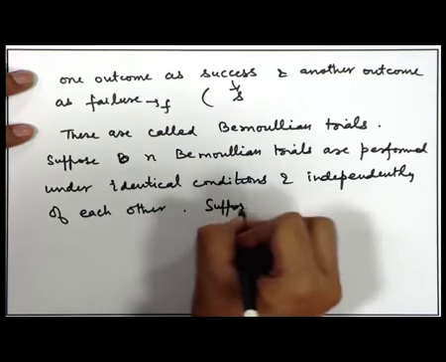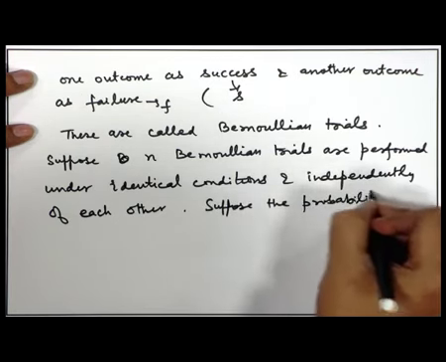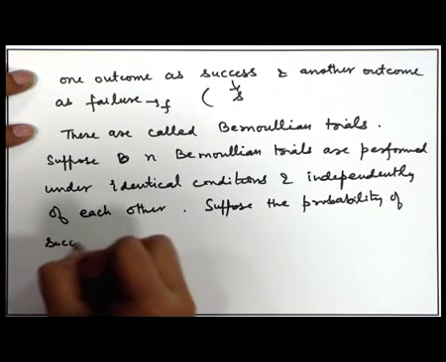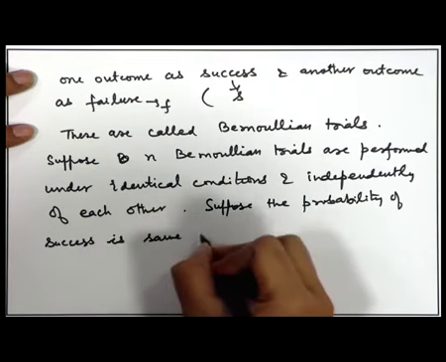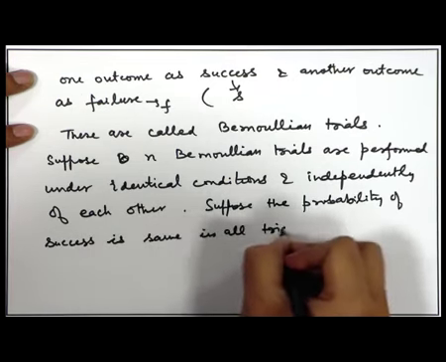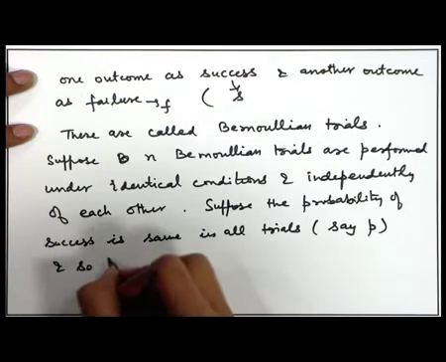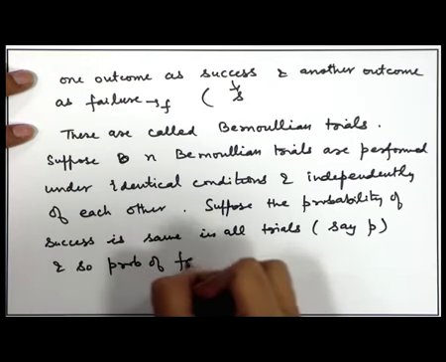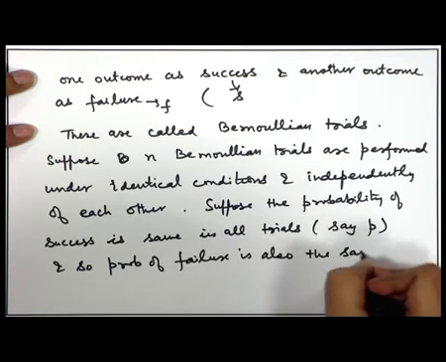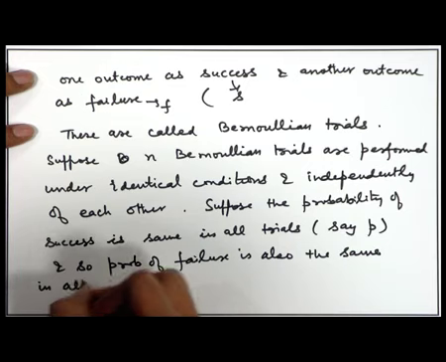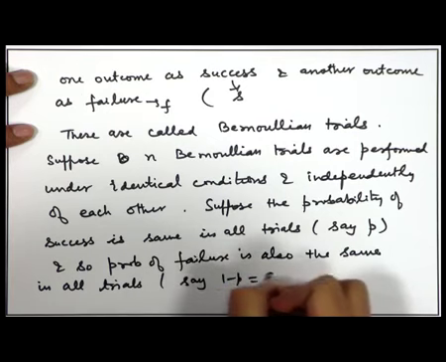And suppose the probability of success is the same in all trials, say P, and so the probability of failure is also the same in all trials, say 1 minus P, that is Q we can write.